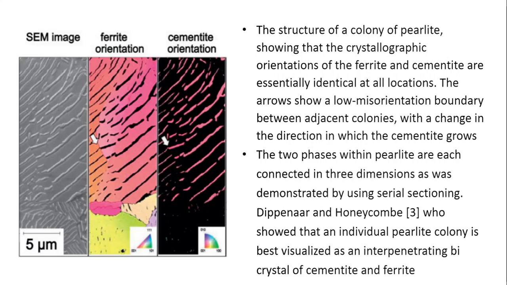The structure of a colony of pearlite is shown in this micrograph. The crystallographic orientations of the ferrite and cementite are essentially identical at all locations. This can be seen here in the stereographic triangle. The arrows indicate a low misorientation boundary between adjacent colonies.